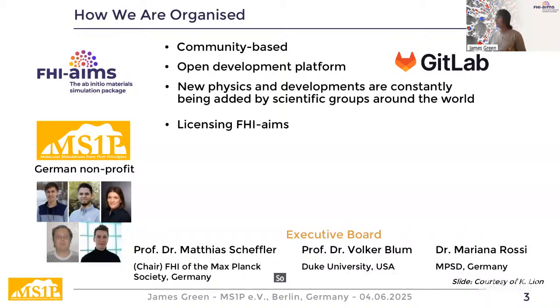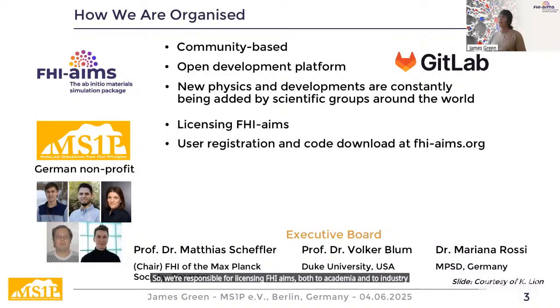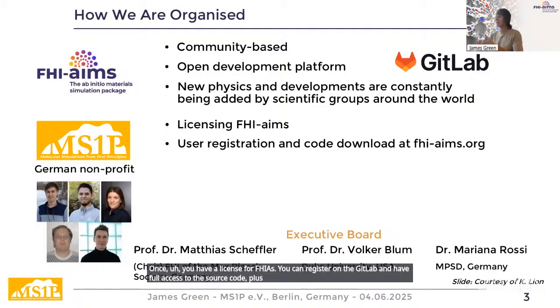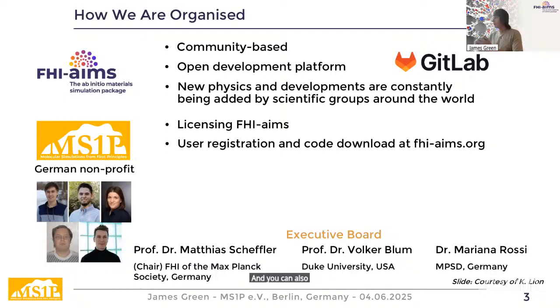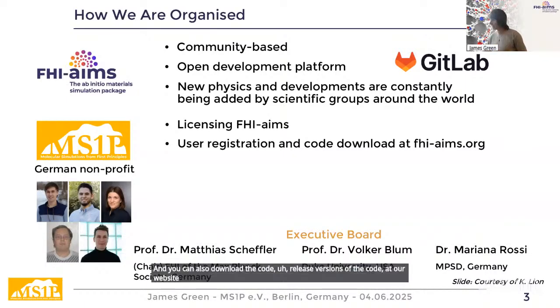So we're responsible for licensing FHI-aims both to academia and to industry. And once you have a license for FHI-aims, you can register on the GitLab and have full access to the source code plus wiki pages and issues and things like this. And you can also download the code or release versions of the code at our website, or at the FHI-aims website.